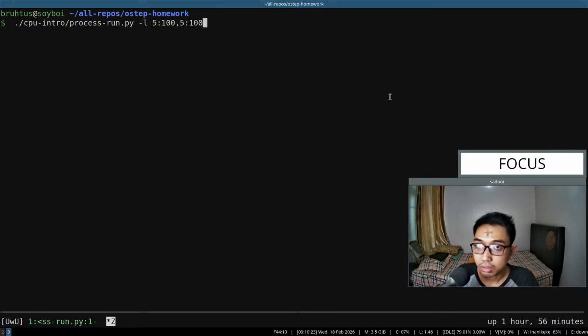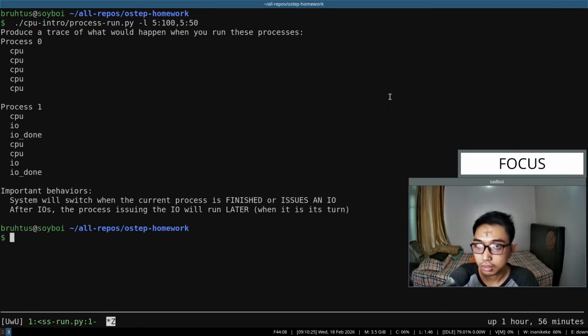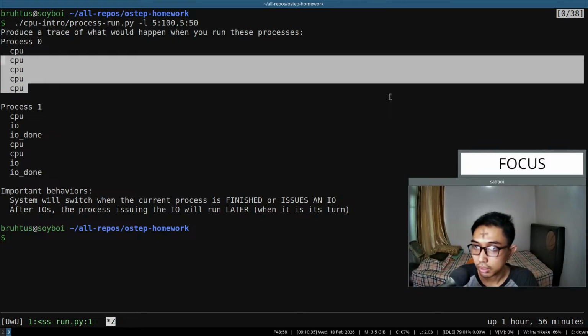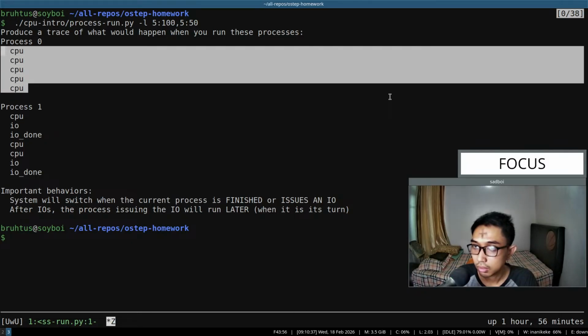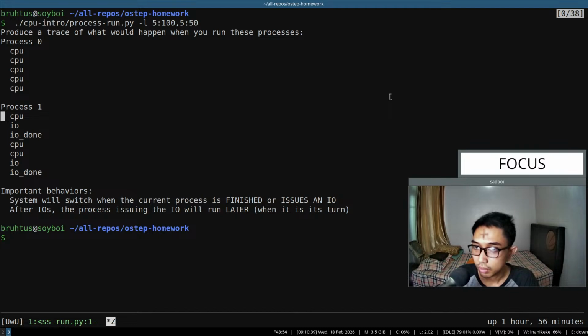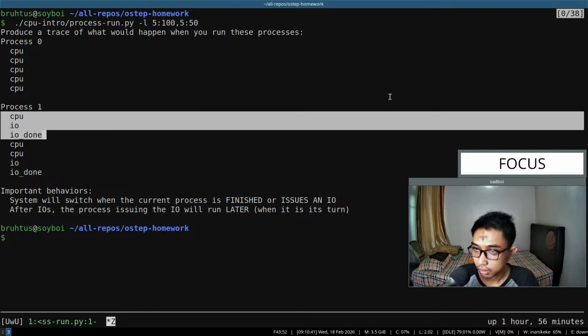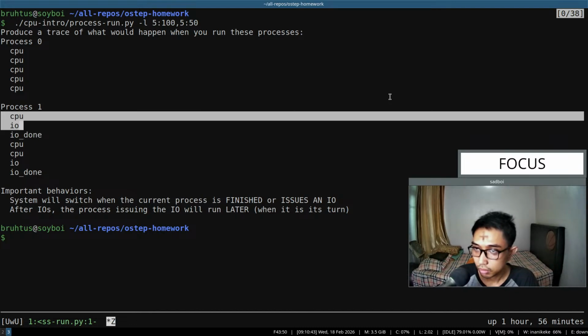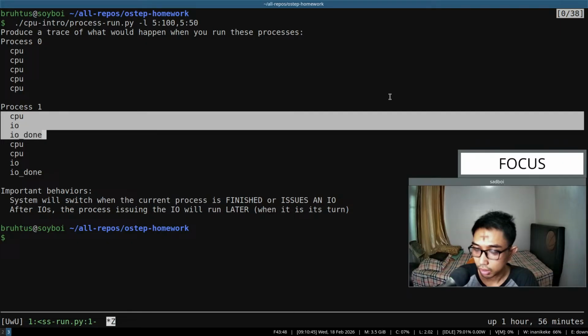I want to try out, let's say 50. Okay, CPU. Okay, this is exactly 5, right? And this one, CPU and then IO underscore done.